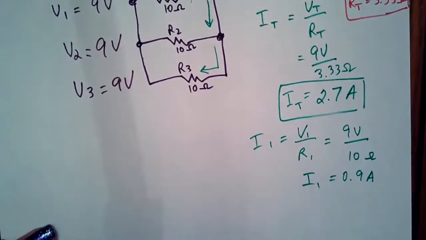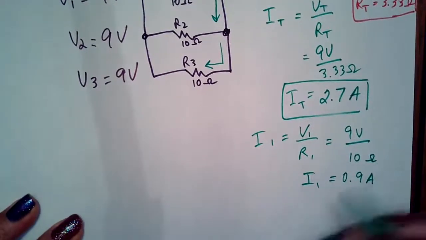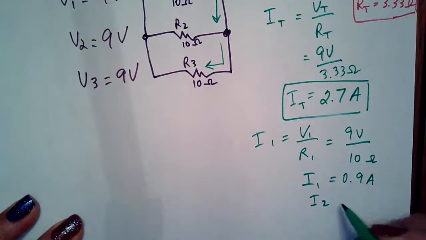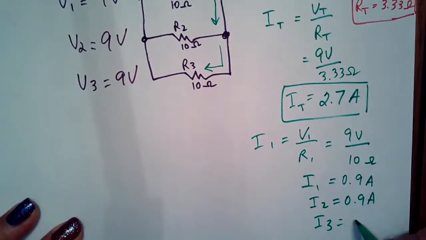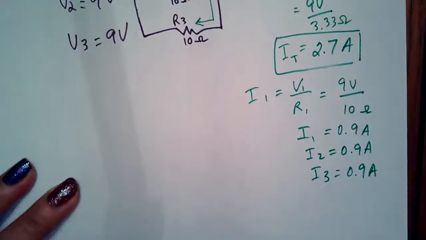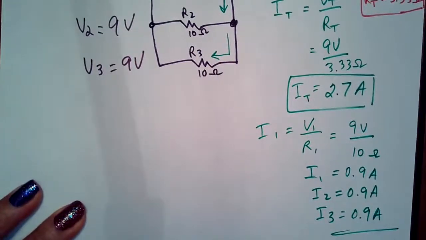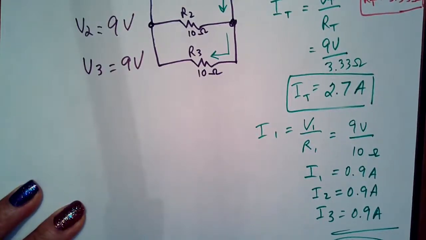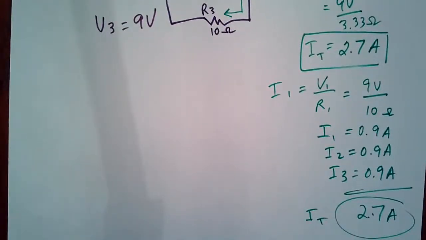Now, because they each have 10 ohms of resistance, they are going to be exactly the same. So I2 is also 0.9 amps and I3 is also 0.9 amps. And if you take a look at the sum of all three, you should get the total current. And you do. And that tells you that we did our calculation correctly.